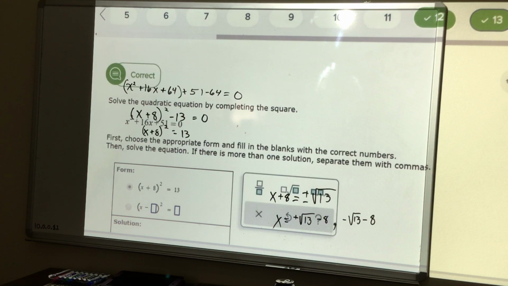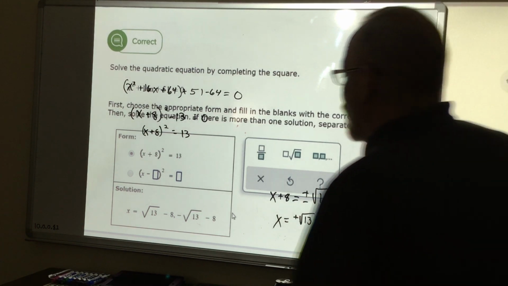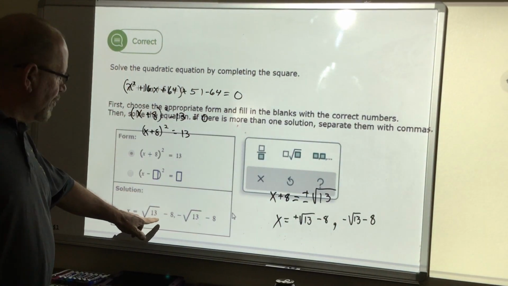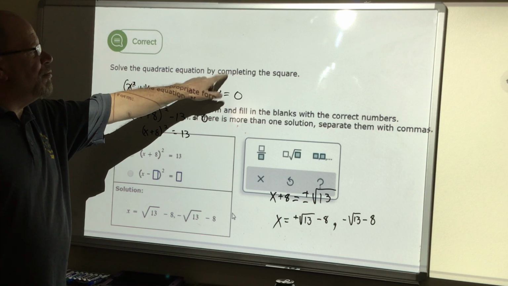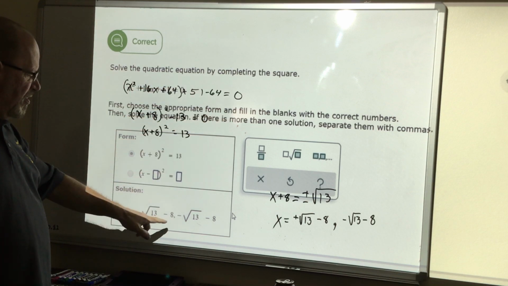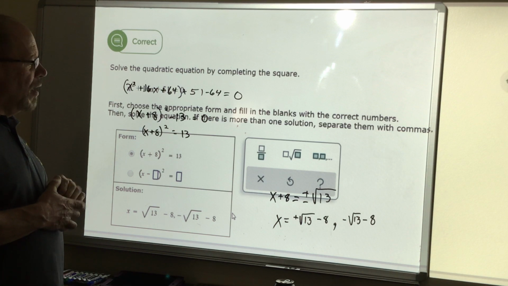It's about time I got one right the first try. Okay? So, the last one, you just had to do one more step. You had to round this. So you pay attention. If it doesn't say round, then it's an exact answer. Okay? Sorry it took so long.